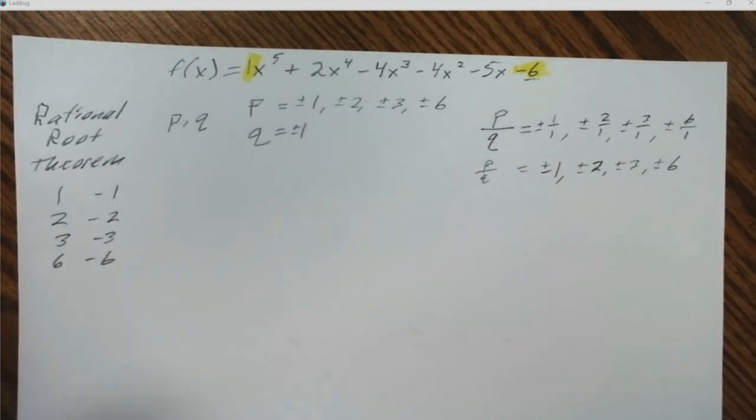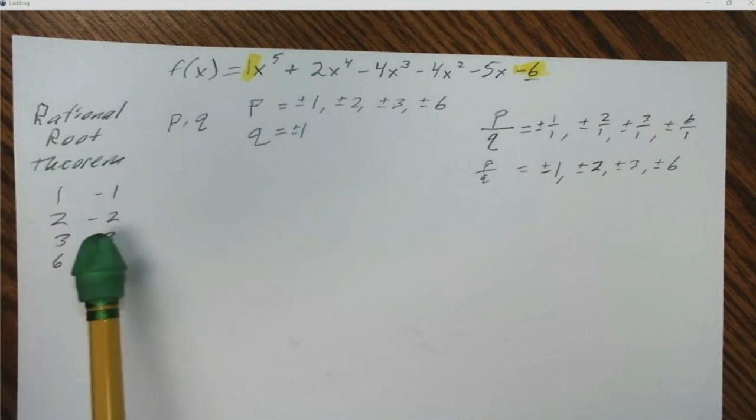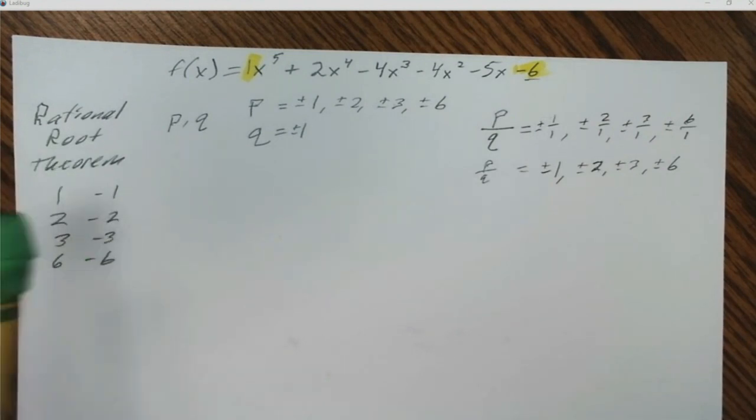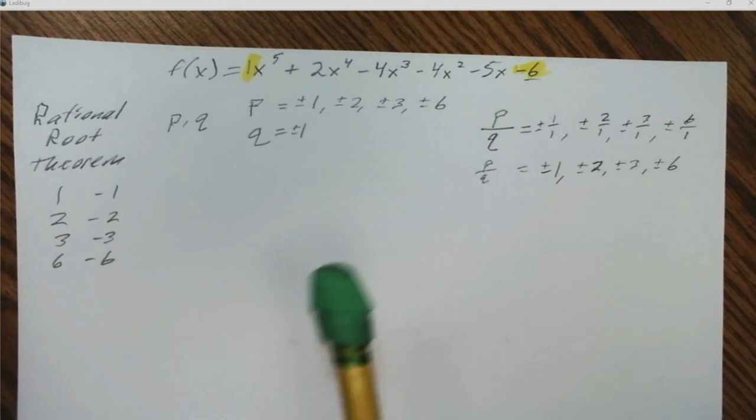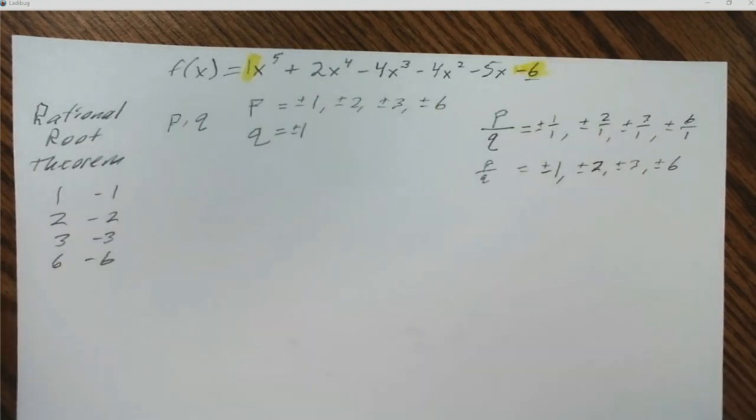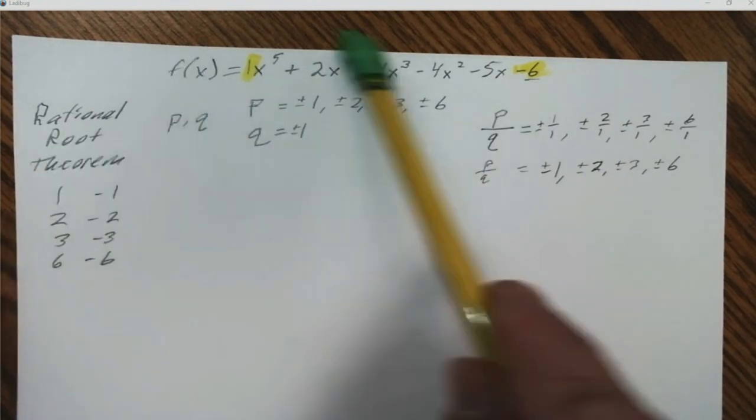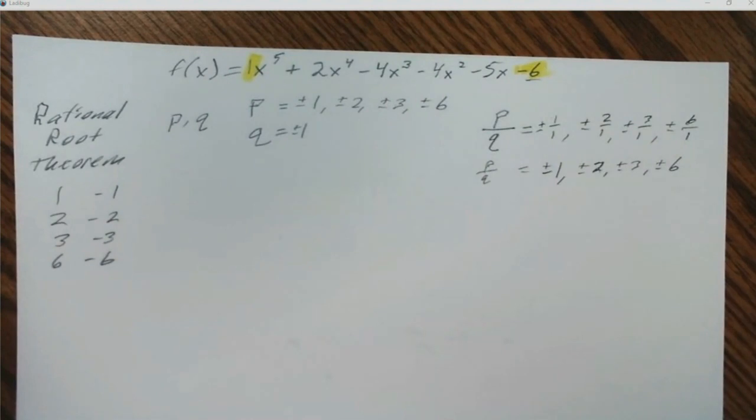Well, what the rational root theorem says, these are the only possible numbers that could be a rational root, that could be a solution for this. These are the only numbers that could possibly be a solution for that equation.